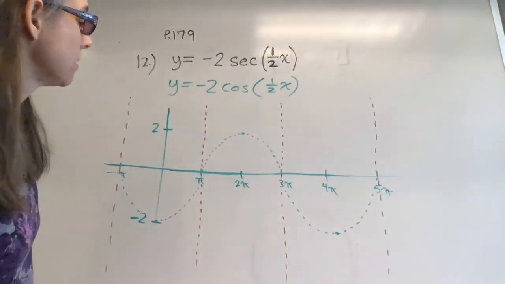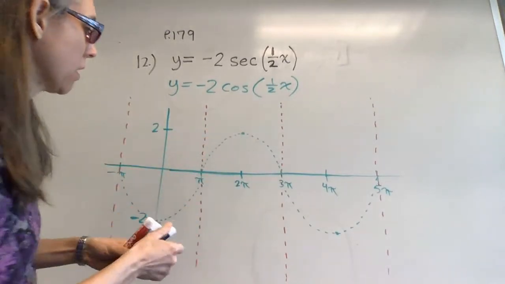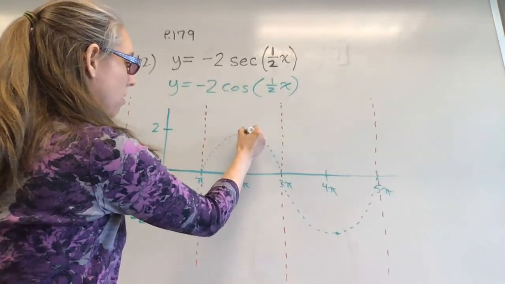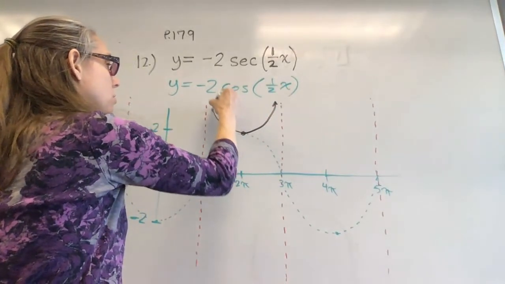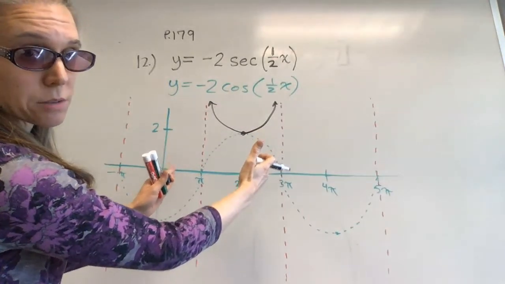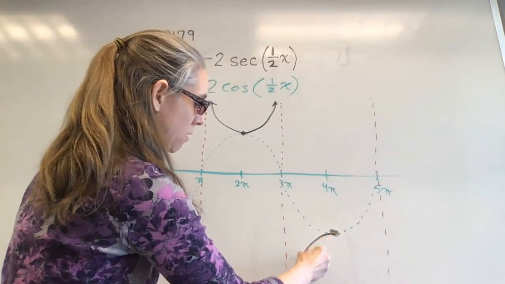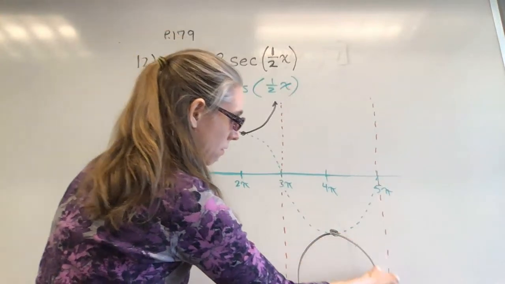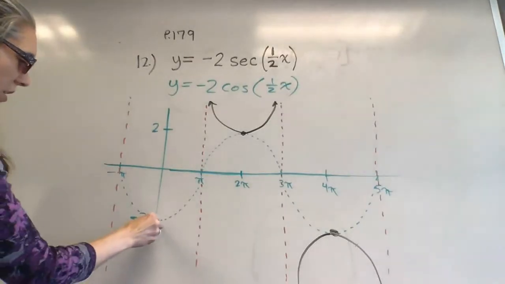So to graph the secant graph, I just need to piggyback off of the peaks and troughs here. So I'm going to have a dot right here at the peak, and then it's going to go upward in a U shape. Keep between the vertical asymptotes. Over here, piggyback off the trough. Piggyback is not a technical math term, just something that I use.